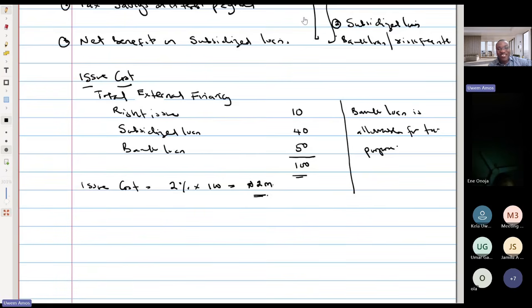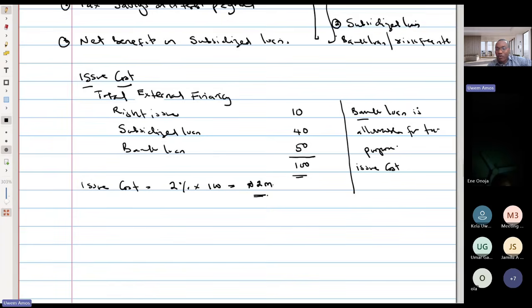Okay, so let's go back into our question. If it is tax allowable, all we need to do is account for the tax benefit. And how do we do that? We take the issue cost for whatever that funding source is.